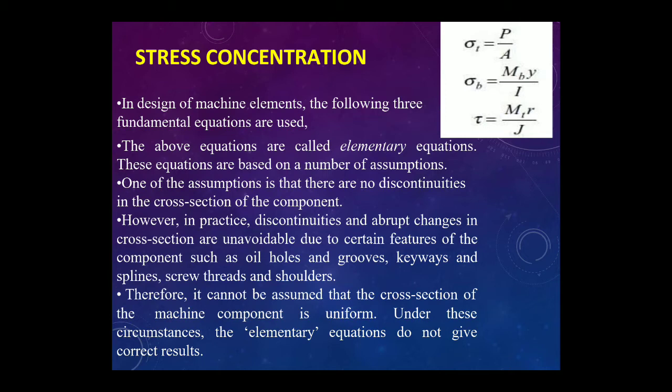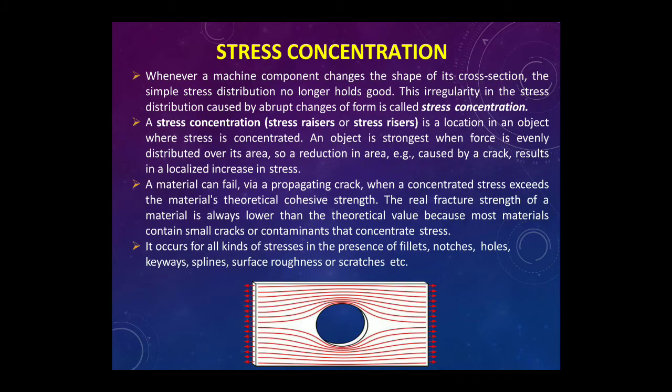Under these circumstances, the elementary equations do not give the correct result. Basically, whenever a machine component changes the shape of its cross section, the simple stress distribution no longer holds good. This irregularity in the stress distribution caused by abrupt changes of form is called stress concentration.